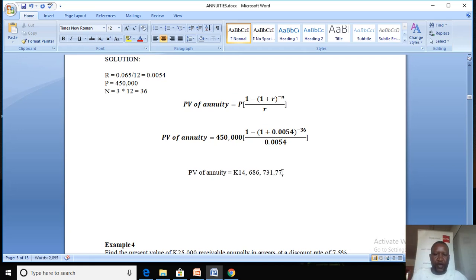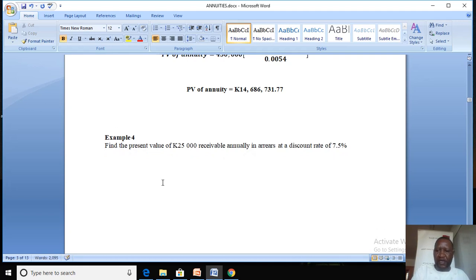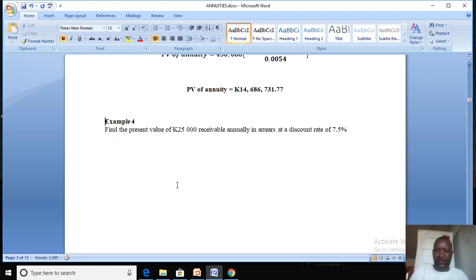That should be your final answer. After calculating, please just take time to go through and recalculate these figures and just verify and have a feel of what is going on here. Otherwise, this is a part of mathematics that you can enjoy doing.